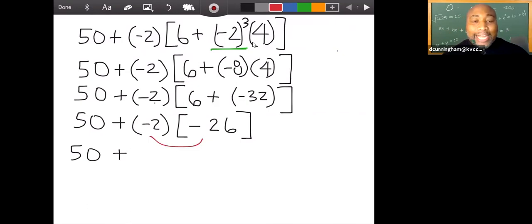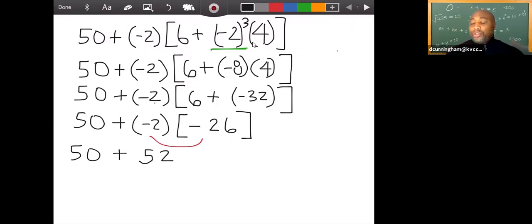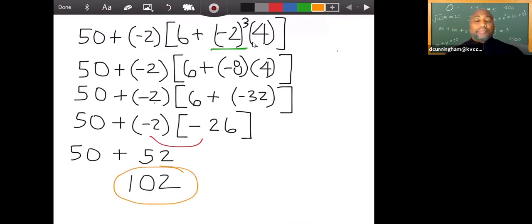Since both numbers are negative, my answer will be positive, so I write a positive 52. Then I add 50 plus 52, and that's 102. That is our answer for this problem.